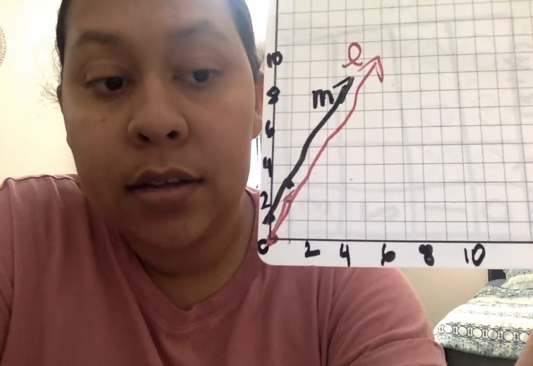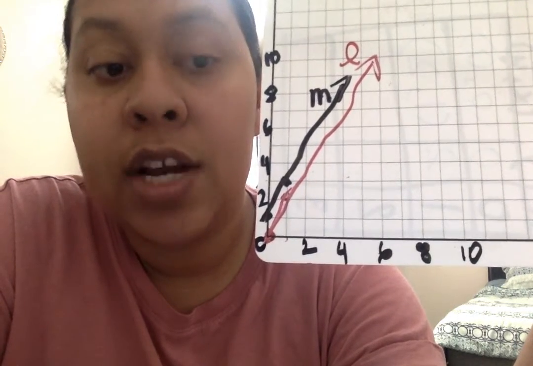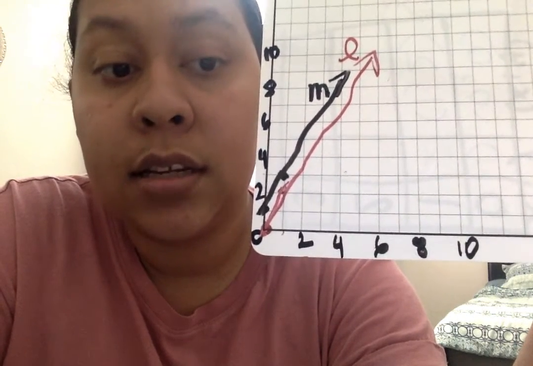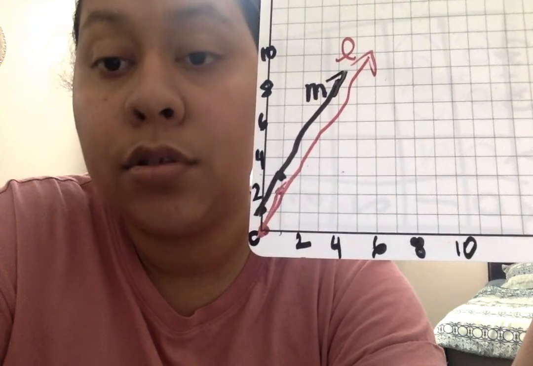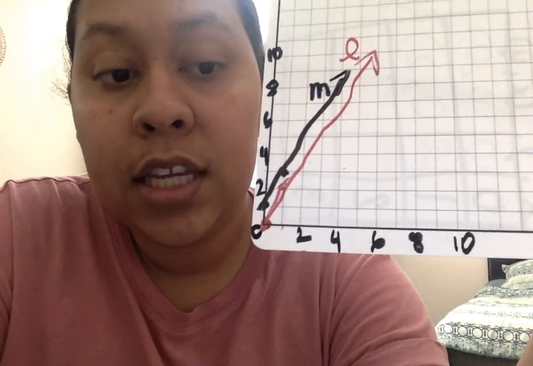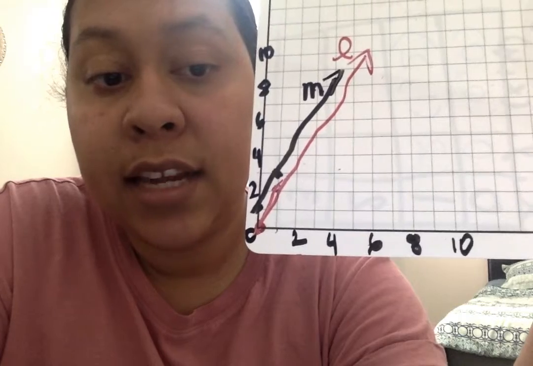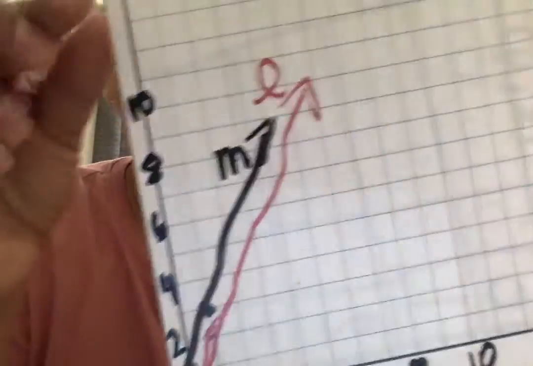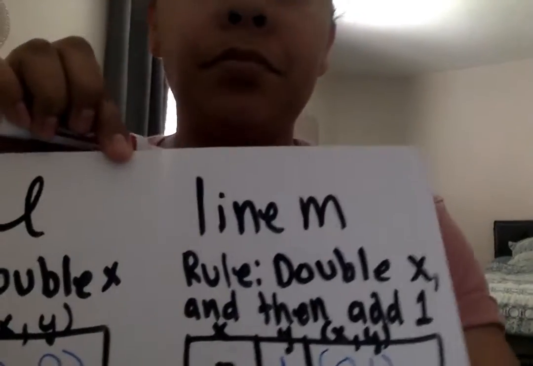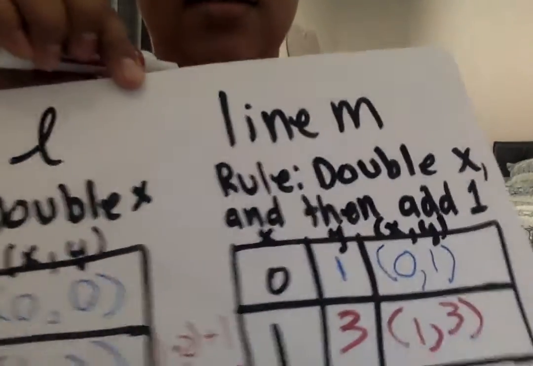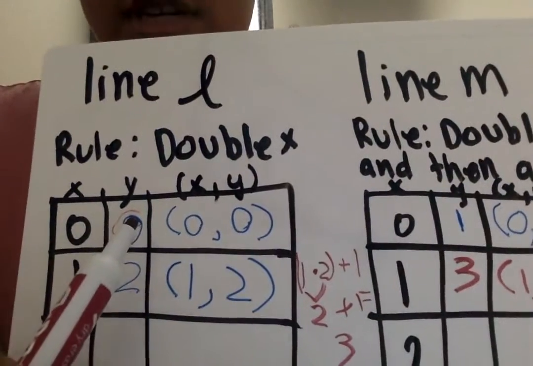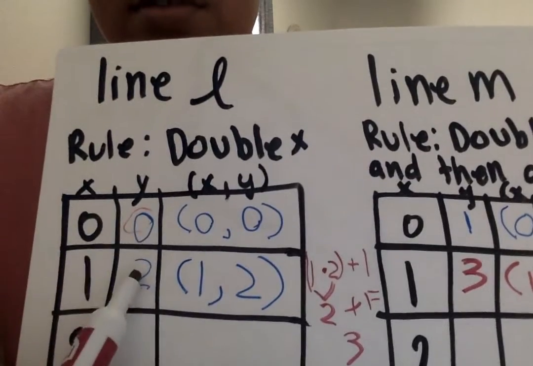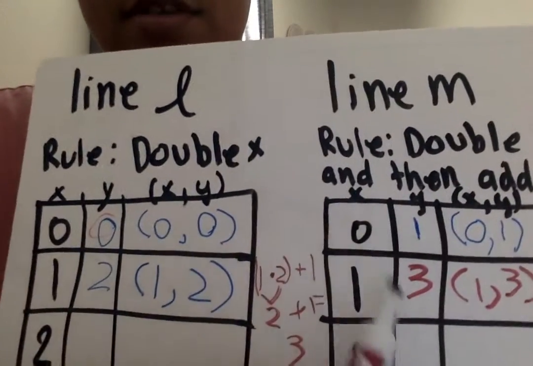So then one contrasting thing about the two lines, or about the rules, each y-coordinate of line M is blank than the y-coordinates of line L. So for thinking about the y-coordinates, the y-coordinates for line L are 0, 2, and then 1, 3.